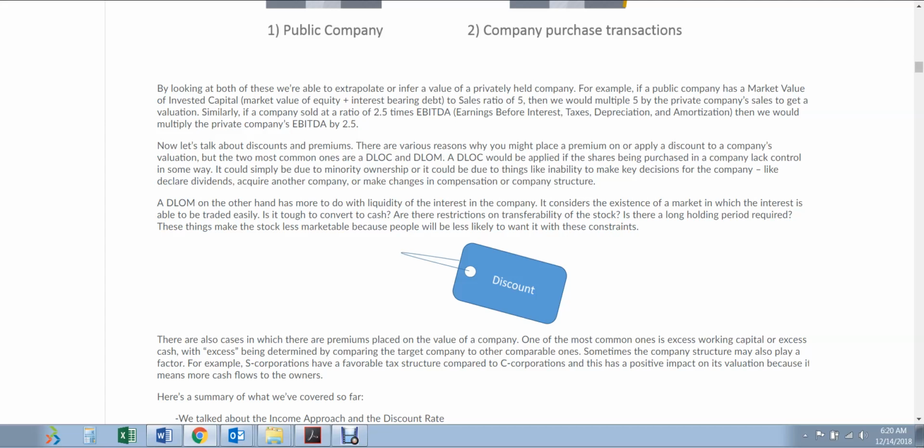So you get sort of a savings there, and valuation analysts argue that there is value in that particular entity structure because you're getting a savings, and so therefore they place a premium on the company. So there's a lot of debate about that.